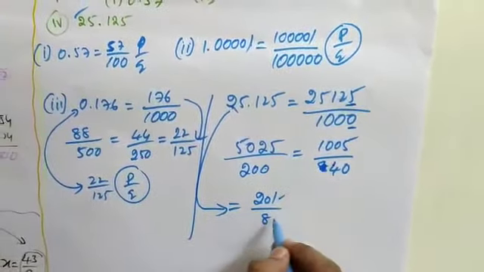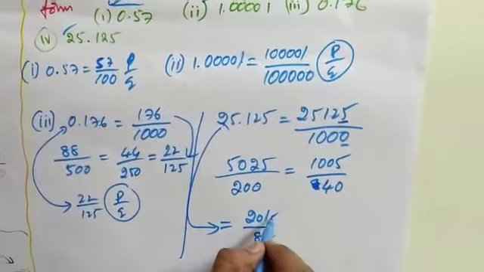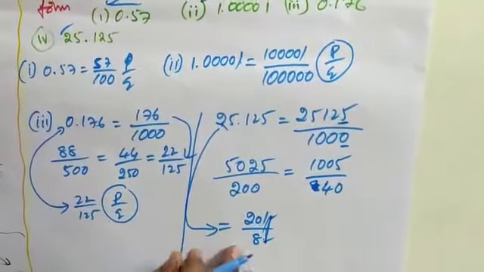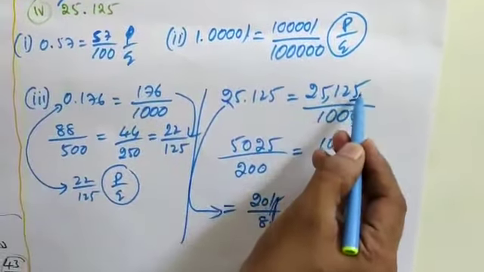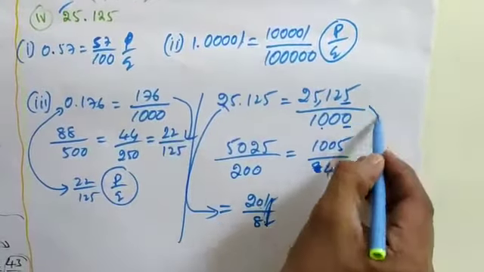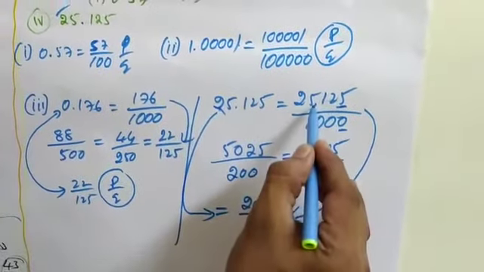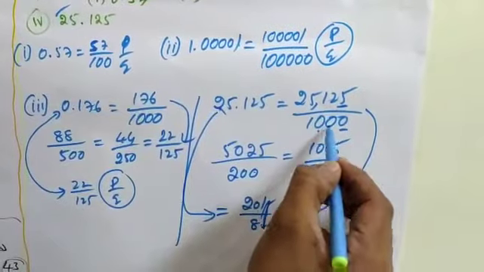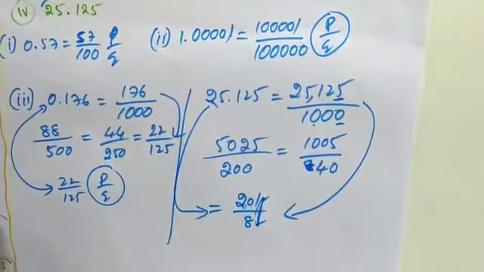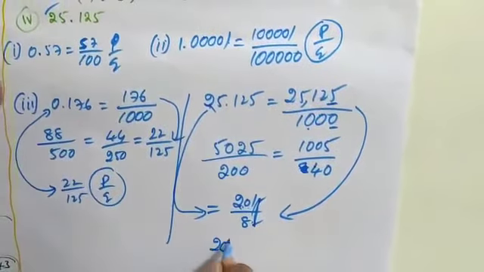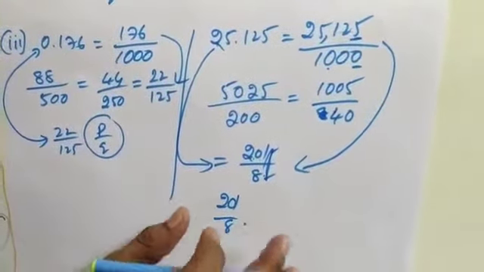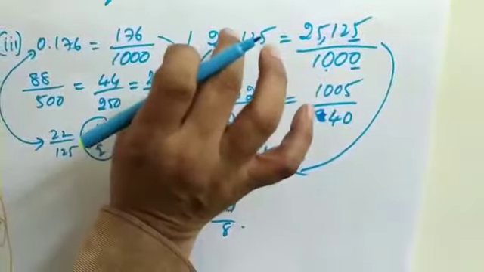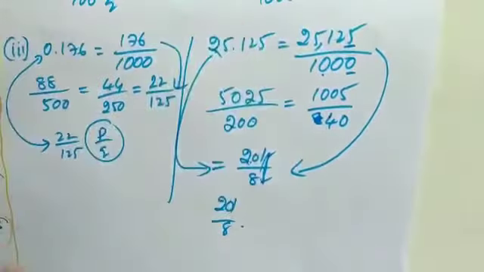The 201 is an odd number and 8 is even, so it cannot be simplified further. This is the standard form of 25125 divided by 1000, which is 201 by 8. This is the p by q form of 25.125.